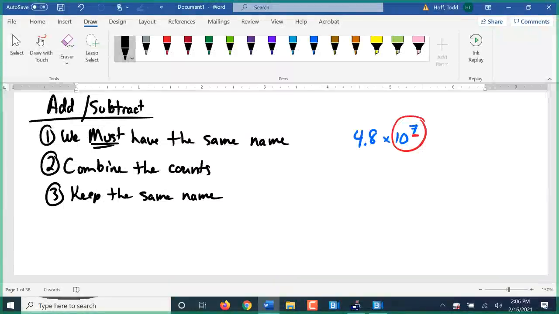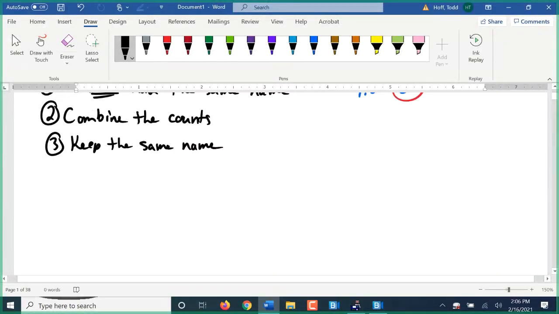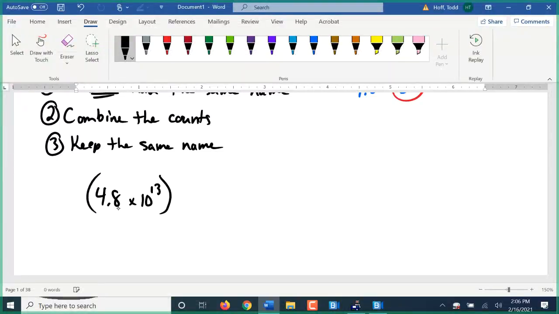So let's take a peek at some examples here. Let's do 4.8 times 10 to the 13th. Now those parentheses in this case are not an enclosing symbol. They're not saying to do anything there first. Here, they're just telling us that that is a single number. Plus 2.3 times 10 to the 13th.